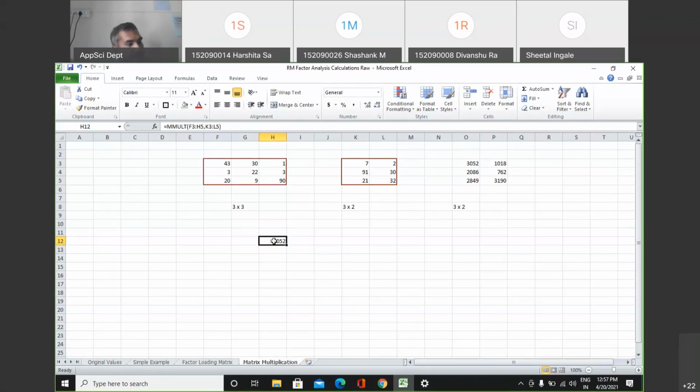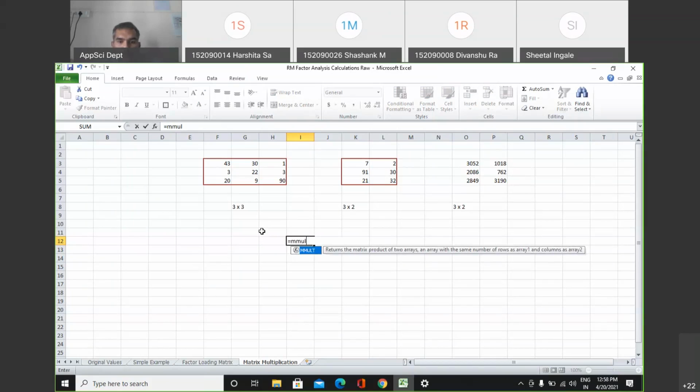What we do is we press F2, and then select the dimension of the result. Here we can do MMULT, then select the required dimension.